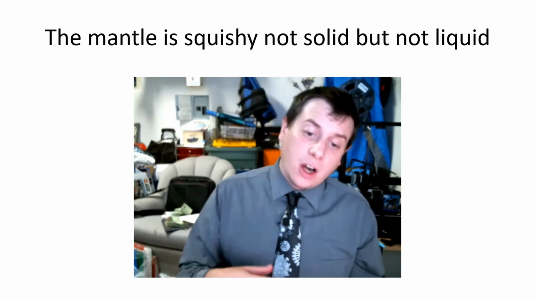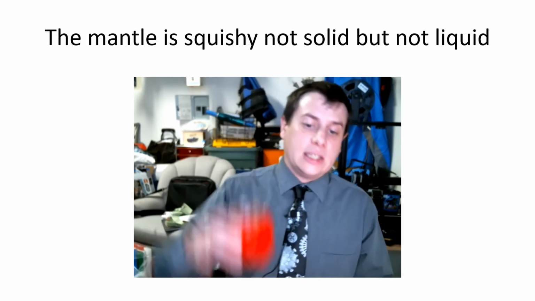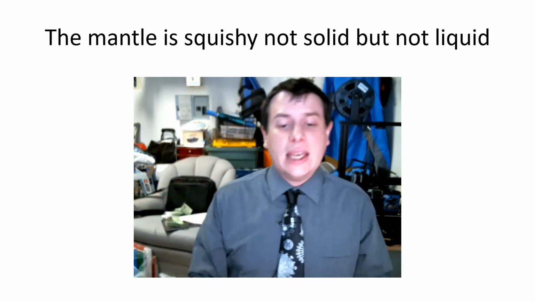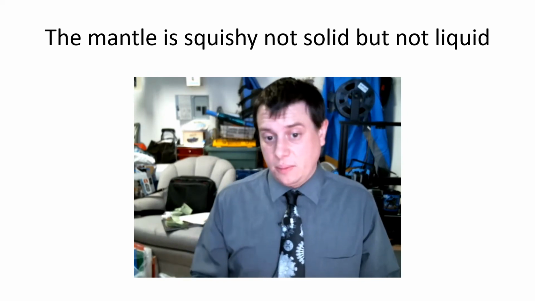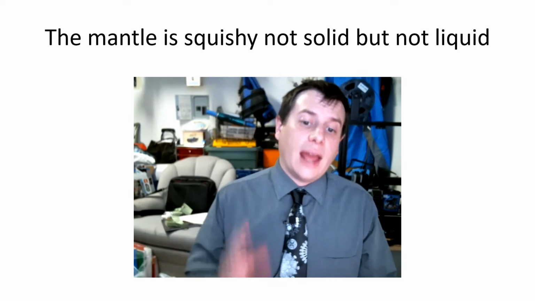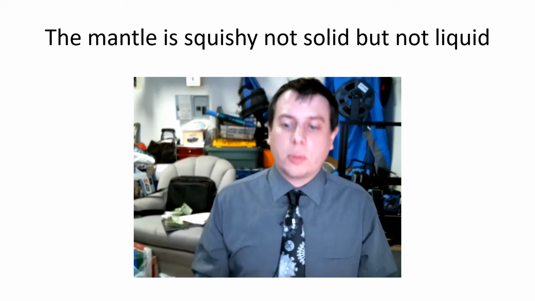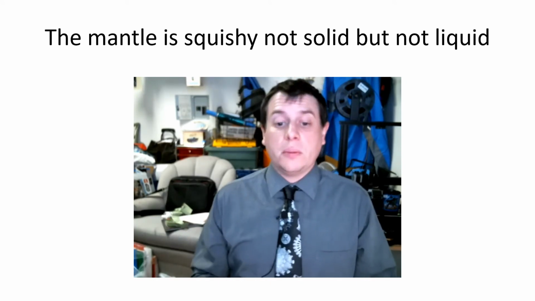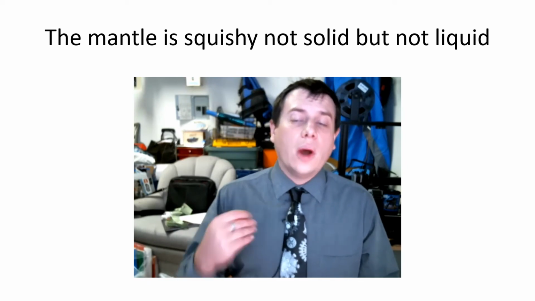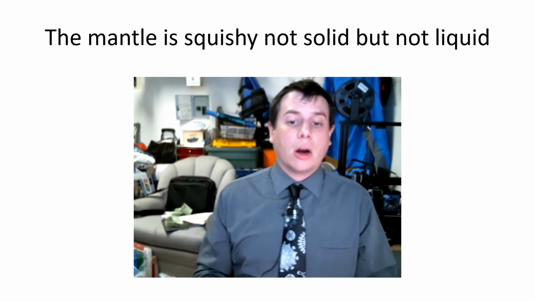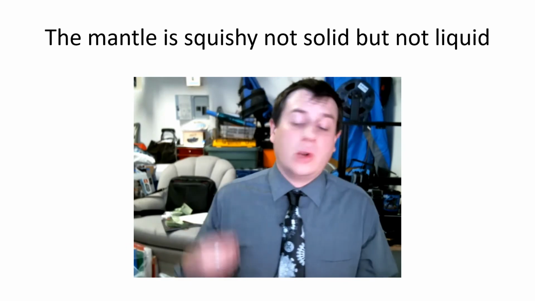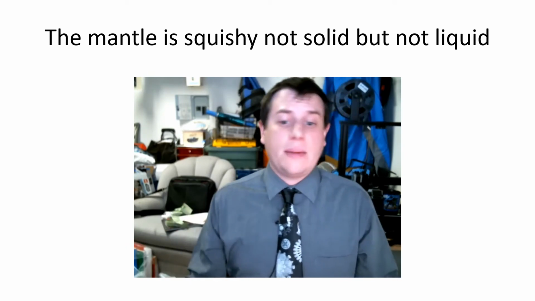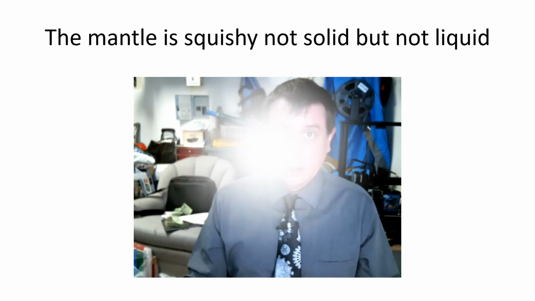It can flow, it can deform, it takes the shape of whatever it's in, but it's also not completely liquid, all right? It still has some kind of semi-solid properties to it, and that's going to be important when we talk about what the effects of this convection are, because it is thicker. And it can put a lot of mass behind it when it starts pushing and flowing because it is semi-solid rock.